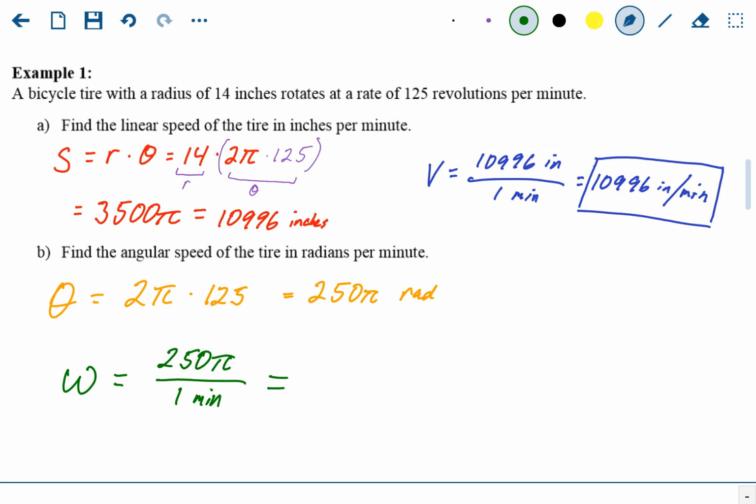So 250 divided by 1 is just 250. 250 times pi is 785 radians per minute. So that's how many radians in a minute that the bike tire is going around, which corresponds to 125 revolutions per minute.